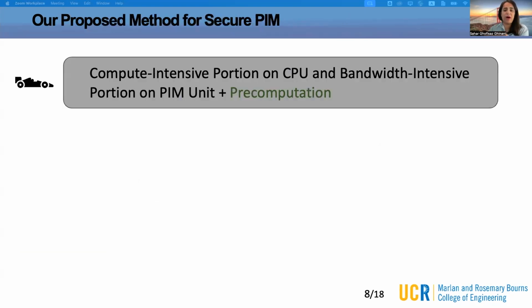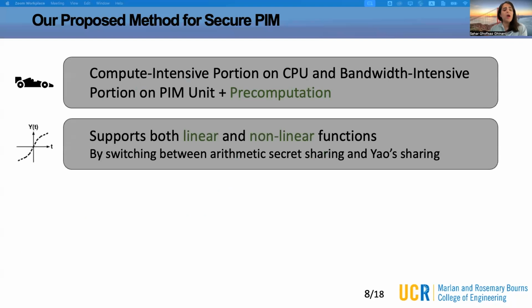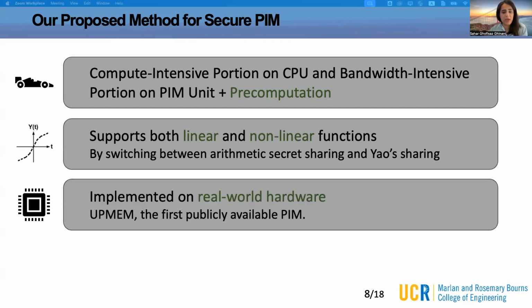Okay, so in our proposed model, we are trying to balance the computation between the TEE and PIM using MPC, and also by adopting precomputation on the TEE whenever possible. We are trying to reduce the CPU overhead during the runtime. Also, we are supporting nonlinear computation in addition to linear computation by switching to Yao's garbled sharing.